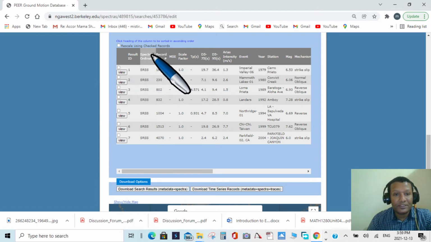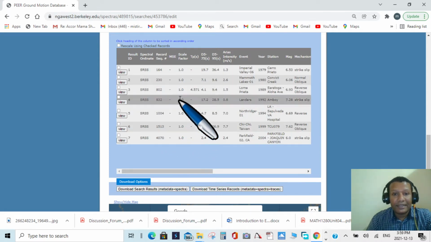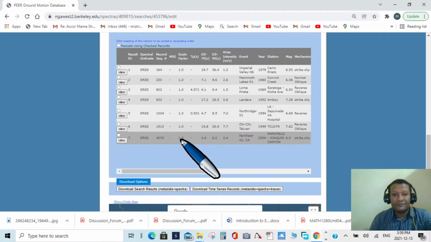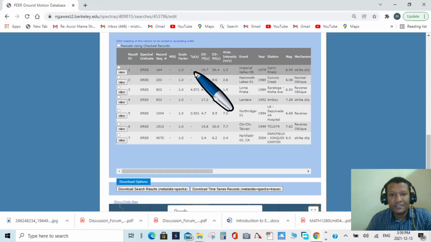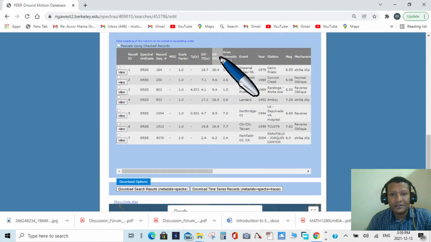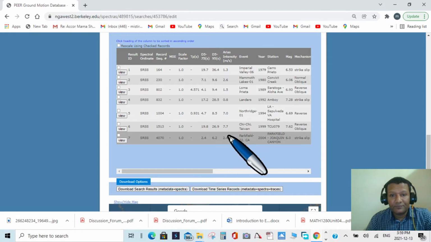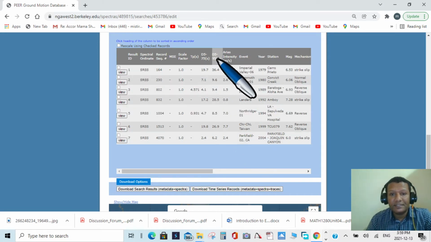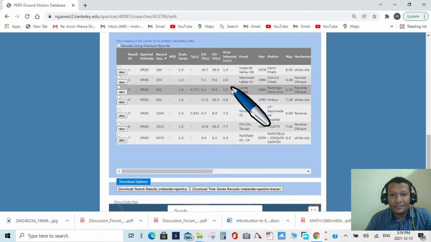So the first column is the record sequence number, and this is the scaling factor. This is, as we have seen, D5 and D95. Then this is the intensity.